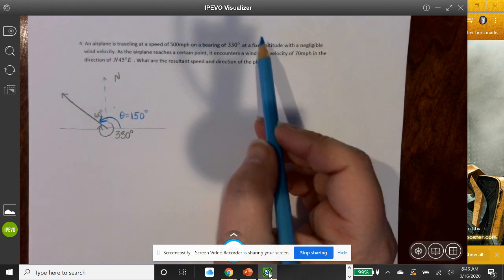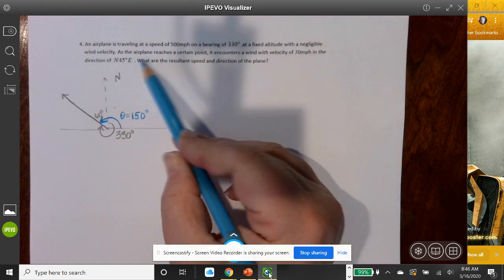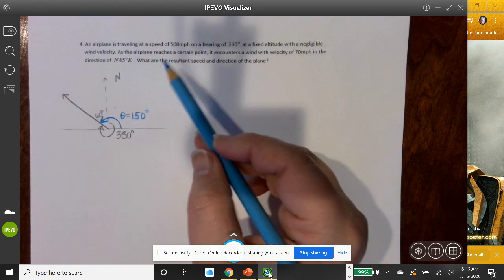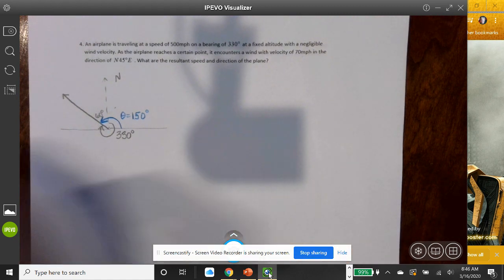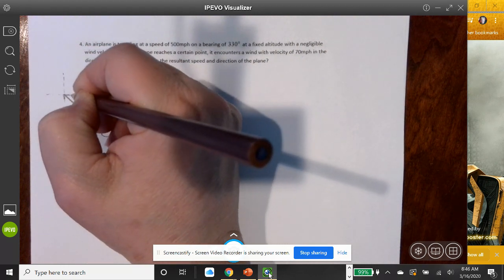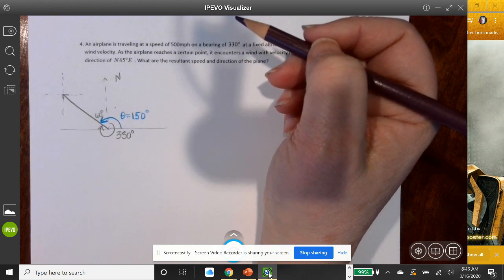Great. Well, then we encounter a wind that has a velocity of 70 miles per hour in the direction of 45 degrees east of north, because remember, that's how we read that. So I'm going to draw, like I always do, the XY plane at the tip of the airplane vector because we're going to add them together.